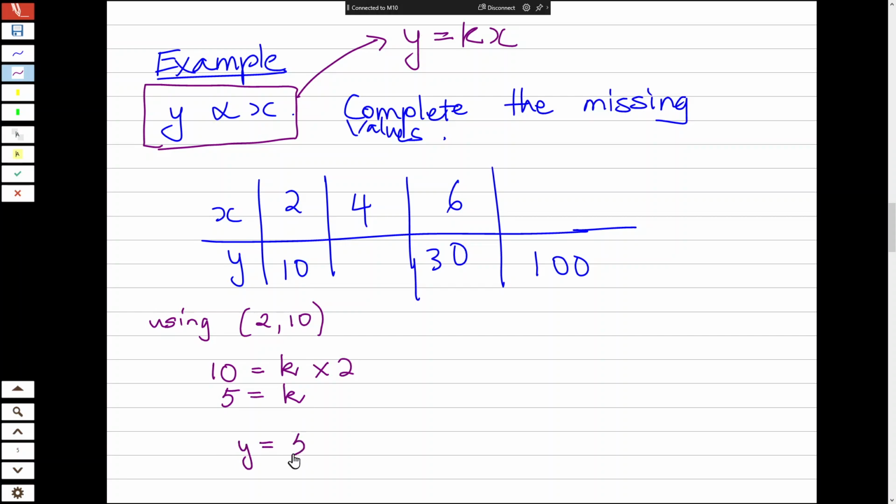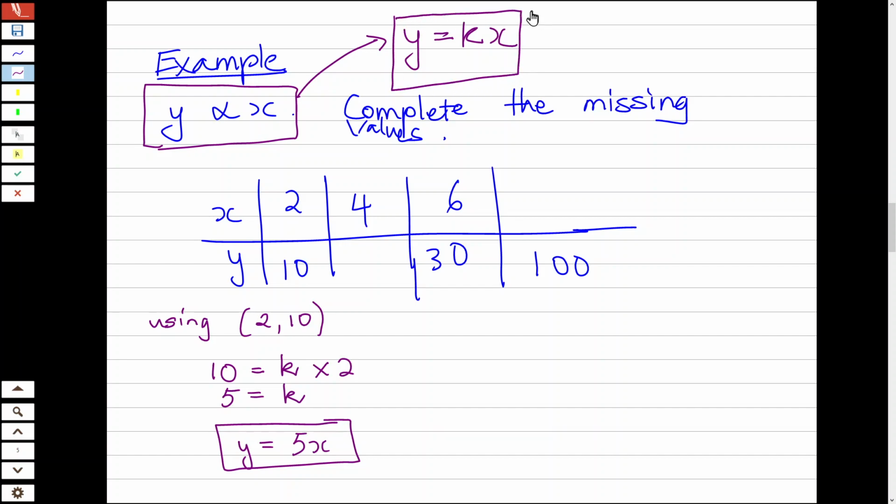So y equals 5 times x. You're right. Okay, so remember, I'm saying y is some number, k, multiplied by x, and I've got an instance where I know the 2 points, the 2 numbers that go together.